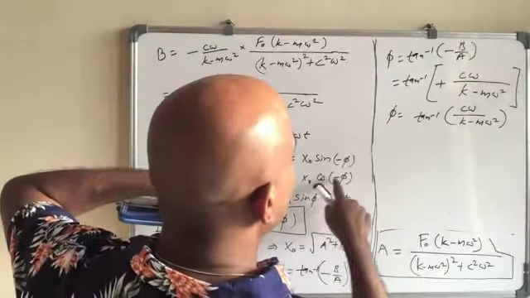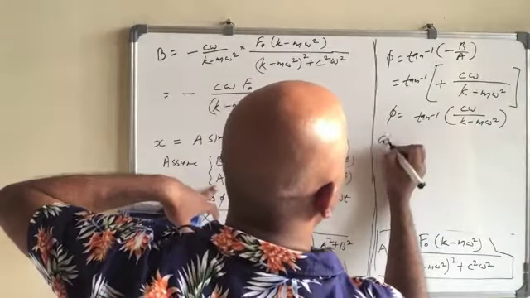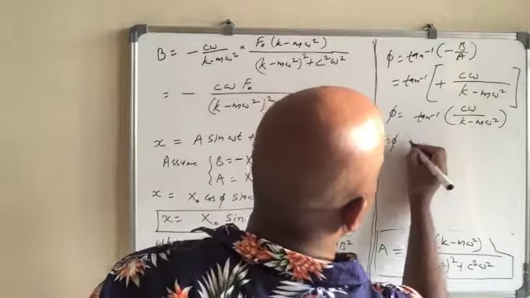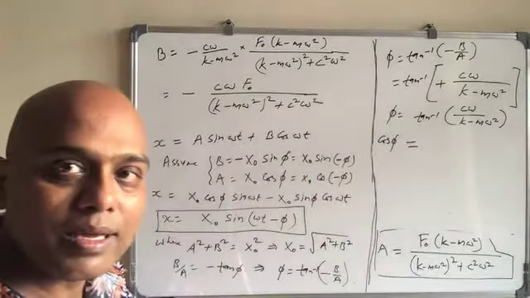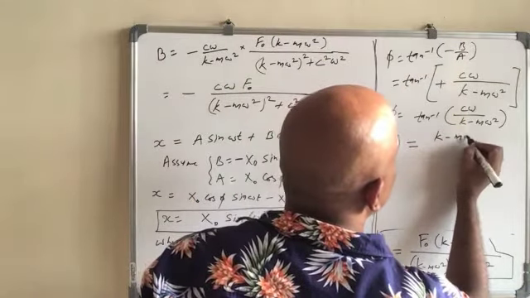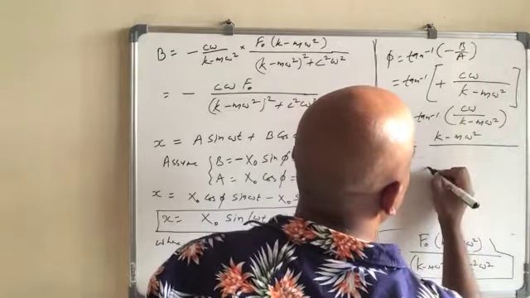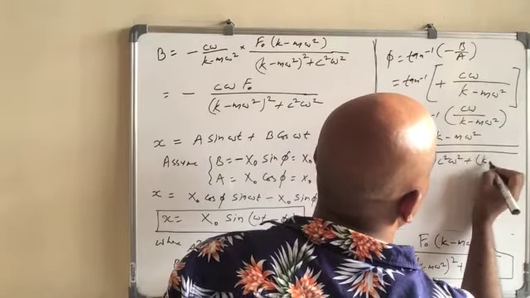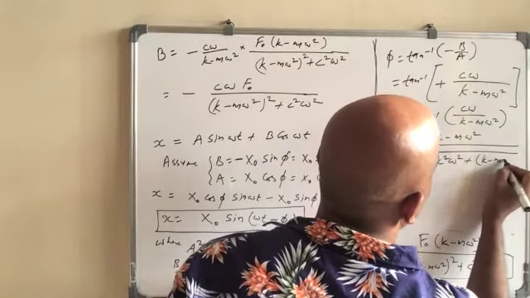So what is the value of cos phi? If phi is like this, cos phi will be given by k minus m omega square divided by the root of c square omega square plus k minus m omega square, all squared.